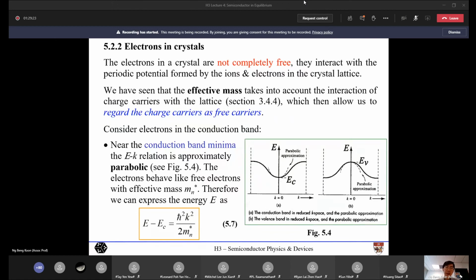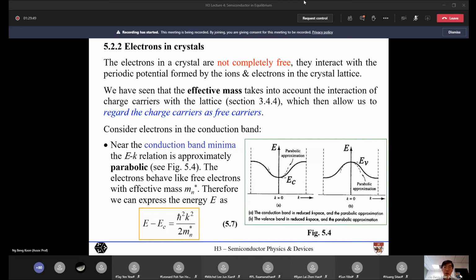What this means is that we can still approximate the behavior of the electron like a free particle, except that the mass we need to use is no longer the rest mass. We need to use a mass that is equivalent to its interaction in the lattice, in the crystal. That is, we have to use the effective mass to describe this electron.